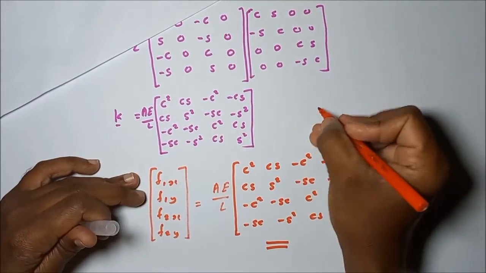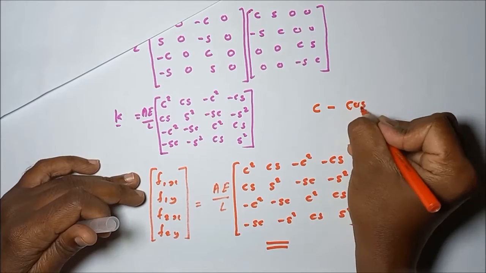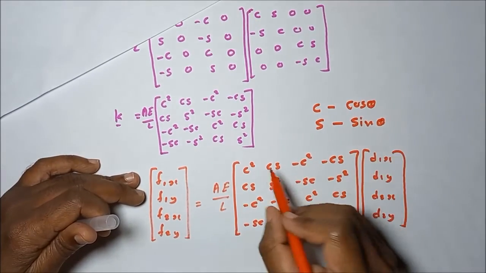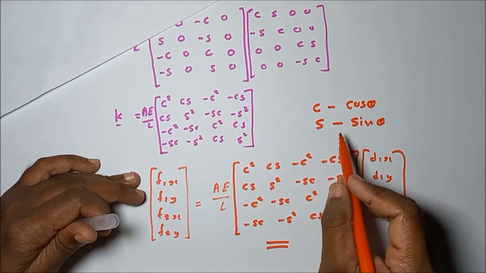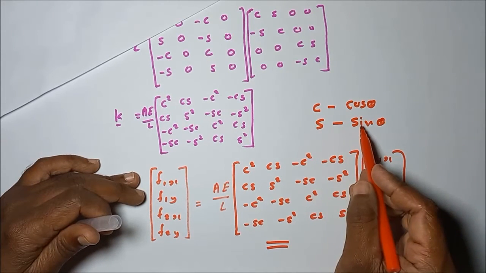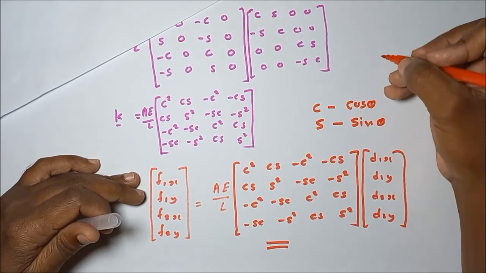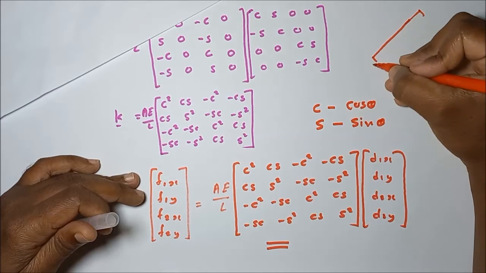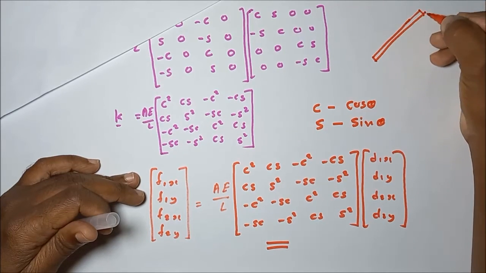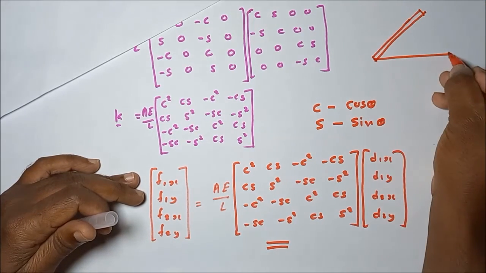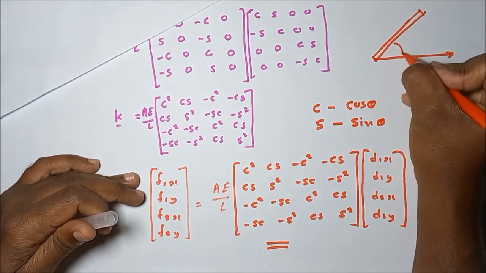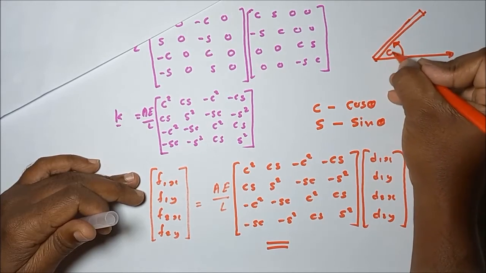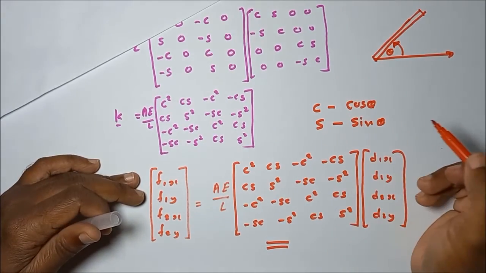Here C means cos theta, S means sin theta, C square means cos square theta, S square means sin square theta. What is meant by theta? Theta is the angle of inclination of the element with reference to the x coordinate system, measured anti-clockwise from the positive x direction.